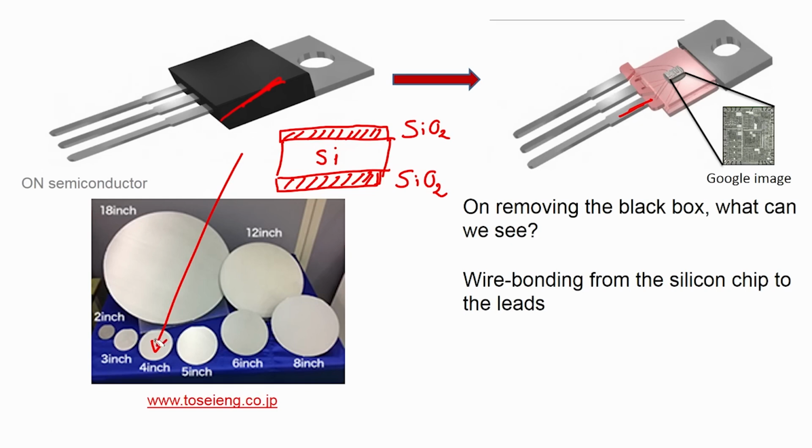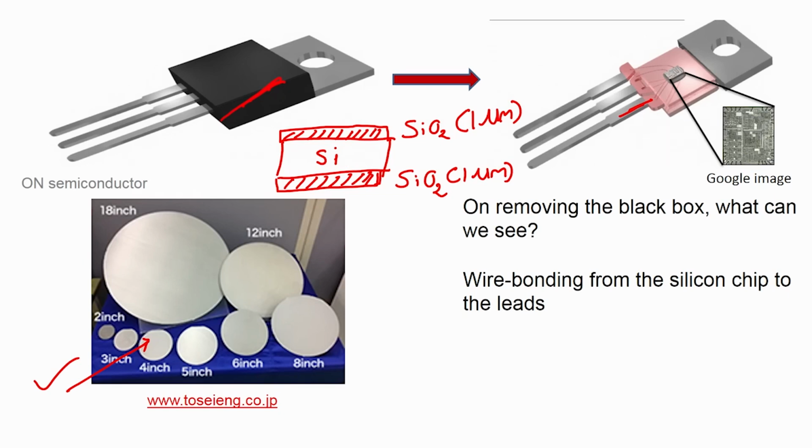What I am going to show you all is this 4-inch silicon wafer, this one. Let me show with an arrow, this one. This 4-inch silicon wafer has 1 micrometer of silicon dioxide grown on it.